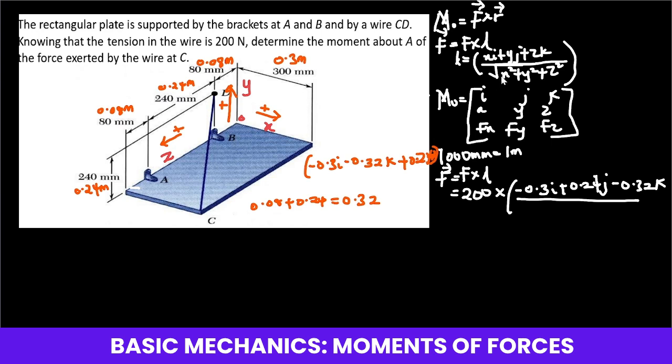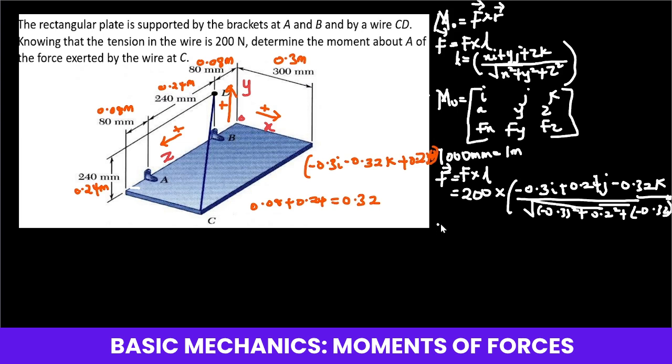If you square the whole of this, I'm having negative 0.3 squared plus 0.24 squared, then lastly negative 0.32 here, all squared, all in the square root.